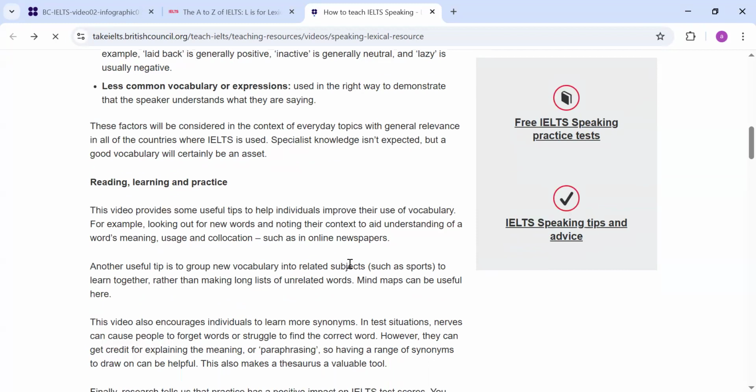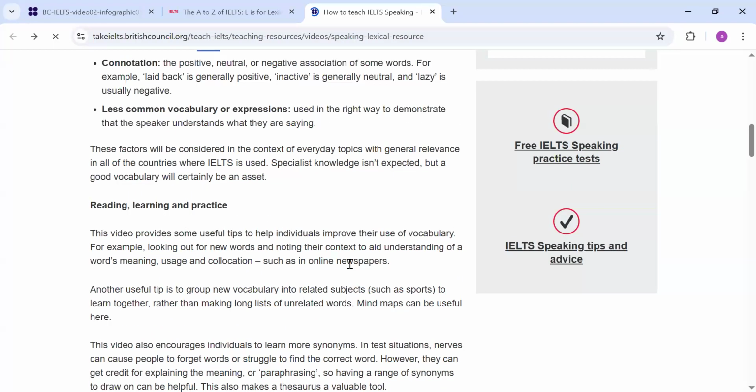So one way is that we need to read online newspapers. If you read the opinion section, it will also help us improve our reading skills. You can read different newspapers, whatever you want, and we need to see what the context of that word is, what its use is, and how the word is grouped together.